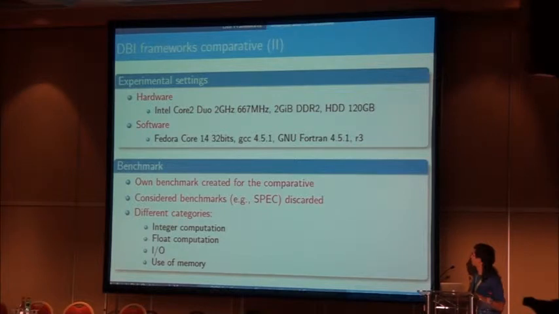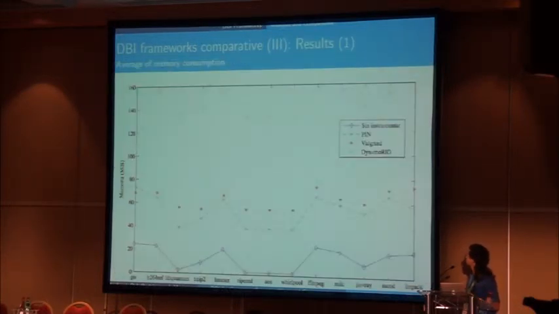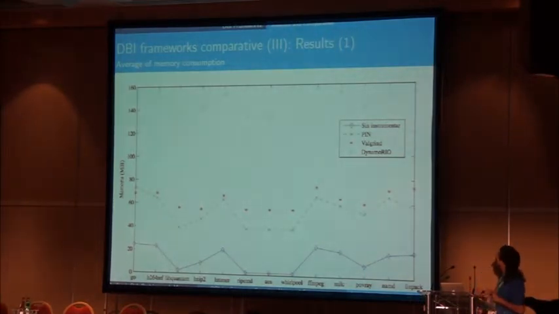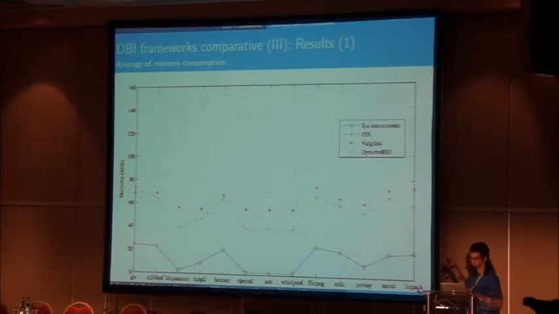Mainly we have defined in our benchmark different categories. So we are interested in binaries of integer computation, float computation, binaries that make high use of input-output, and the use of memory. So these are the results of the comparative. Sorry for the bad resolution, and it's also in Spanish because I don't have the vectorial graph, so I can't change it.